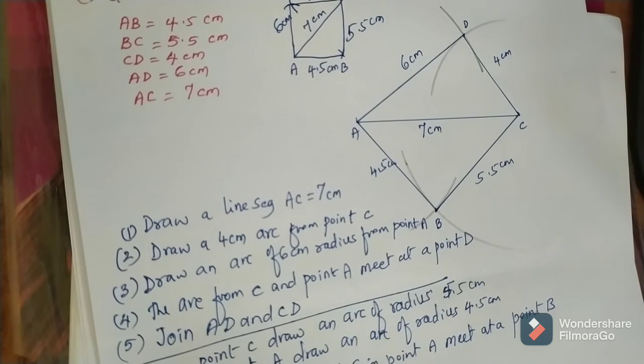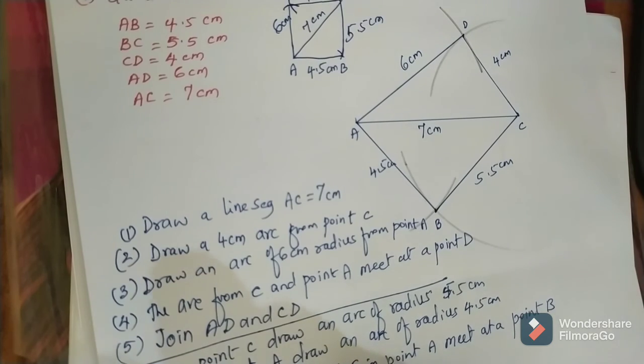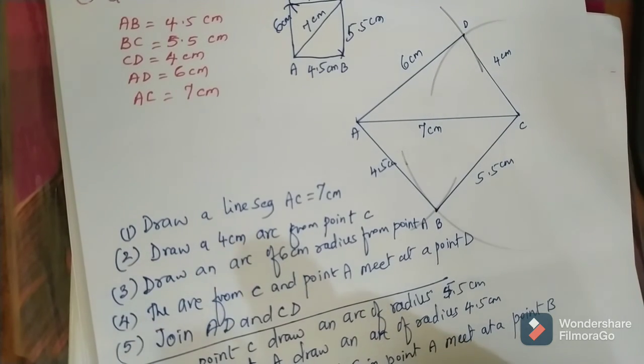So this is the required construction. Required quadrilateral is constructed.